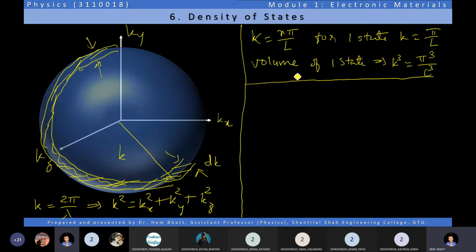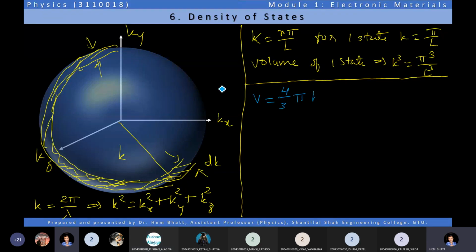Now how much is the total volume of this sphere? Tell me, the formula for volume of a sphere: 4/3 pi r cube.